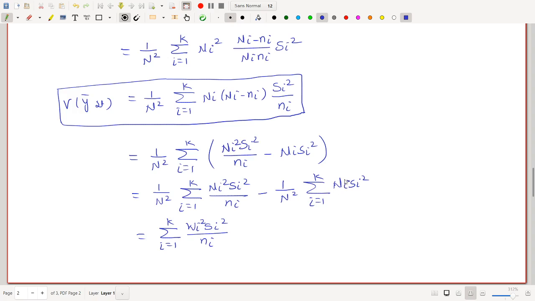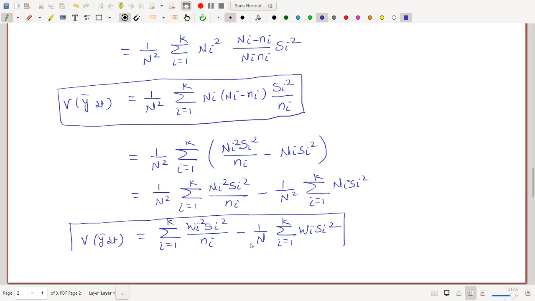I can write this Ni upon N as Wi, then there will be 1 upon N remaining. So this will be 1 upon N summation i running from 1 to k Wi Si square. So this is our answer of the variance of y bar st in terms of Wi.